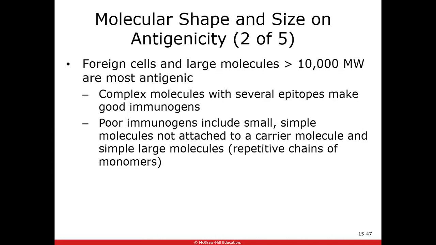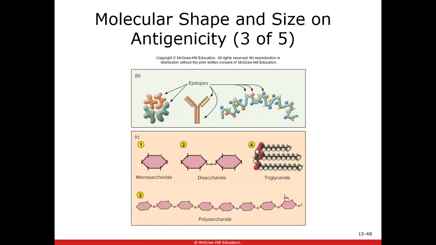There are some small, simple molecules that aren't attached to a carrier molecule, and some simple, large molecules as well. If you just have a repetitive chain of monomers, the same thing over and over, those don't cause much reaction.